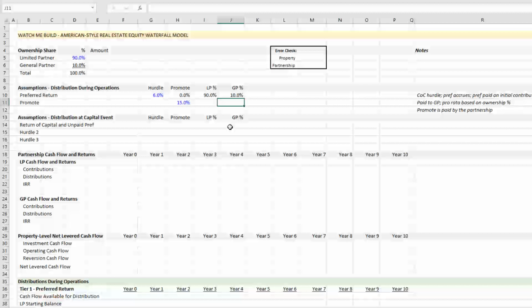And so what is remaining? There's 85 cents remaining, and the GP owns 10% of that 85 cents. So the GP would receive 15 cents plus 10% of the remaining 85 cents.